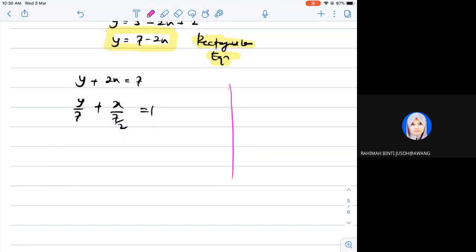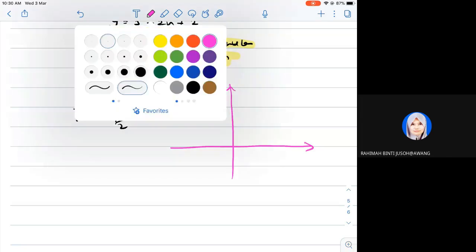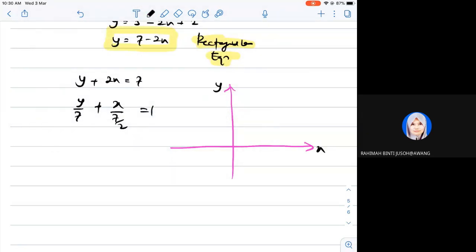Boleh faham tak tu? Jawapan dalam modul tu dia ada salah sikit tau. So x, y. Guys, can you understand this step? Saya skip step ni. Yes, madam. Okay. So y equals to 7, x equals to 7 over 2.